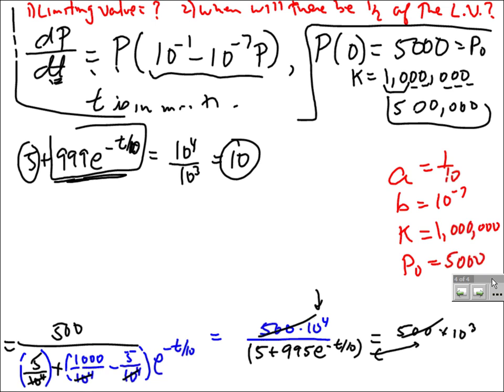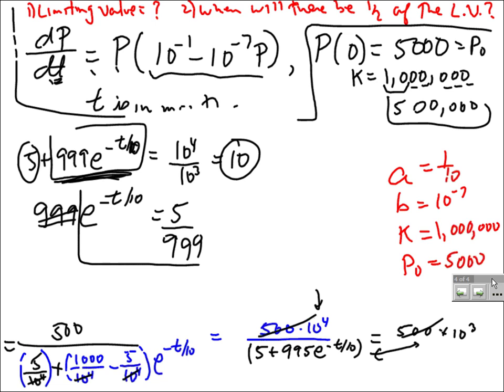Well, of course I know what that is. It's 5. 5 plus 5 is 10. So 999 e to the negative t over 10 is equal to 5. Divide by 999. So I have e to the negative t over 10 is 5 over 999.